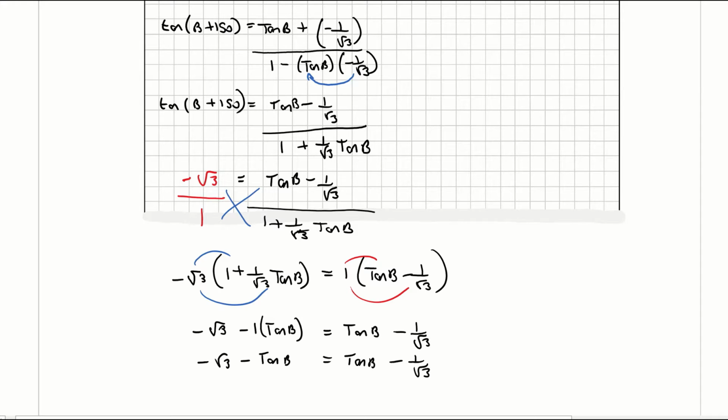Okay, moving tan B's to one side and numbers, constants to the other. So I'm going to add tan B to both sides and add 1 over root 3 to both sides. So what does that tidy up as?